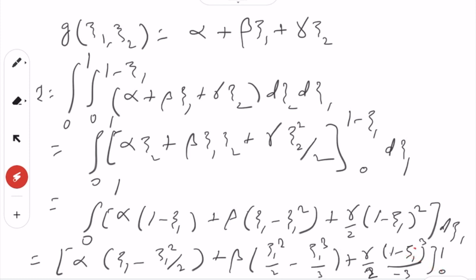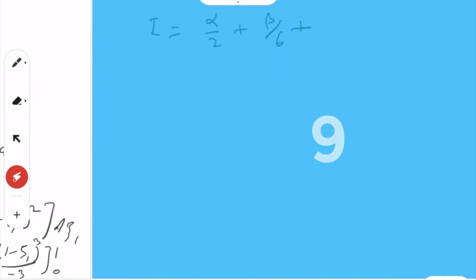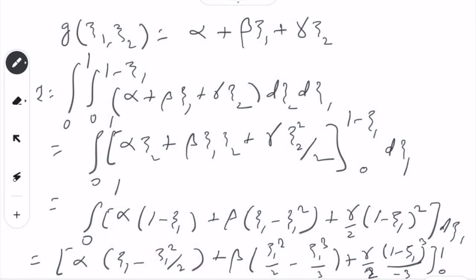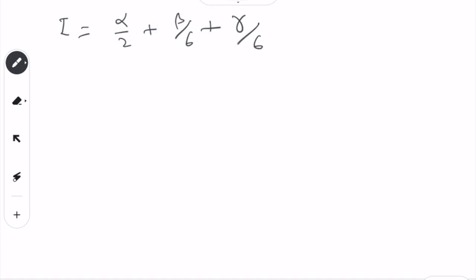So, we get 1 here. So, minus 1 over 6. Okay. So, minus 1 over 6, so we get plus 1 over 6. So, we get gamma divided by 6. Okay. So, we have that integration, we get that.